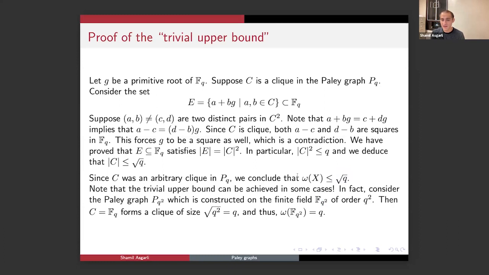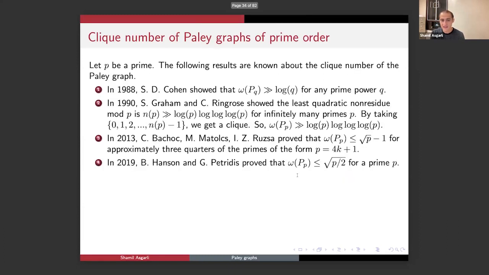So if you want to generalize Hanson and Petridis's result, you have to be careful because you can't just blindly replace p with q, because q could be a square, in which case this is not true. But you can replace p instead with odd powers of primes.